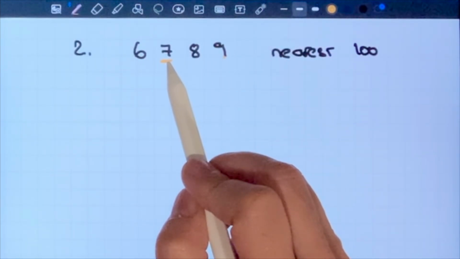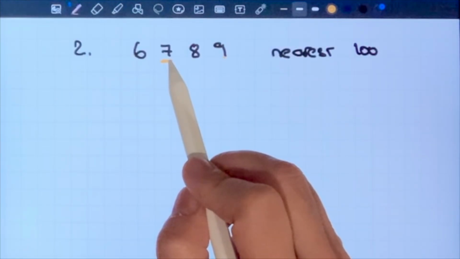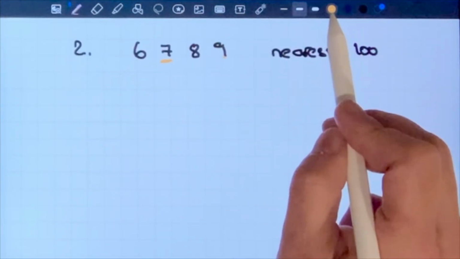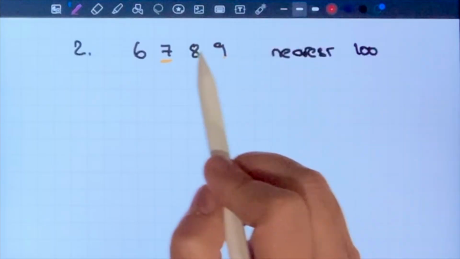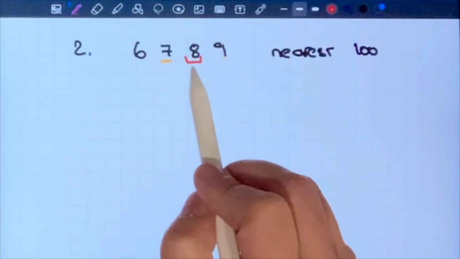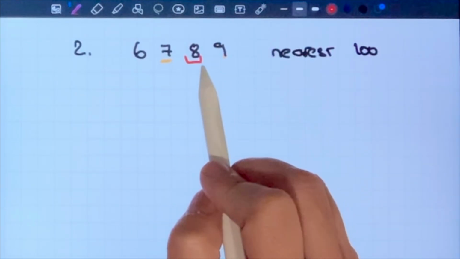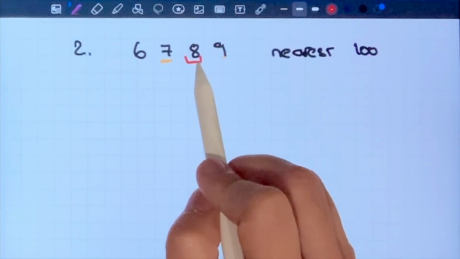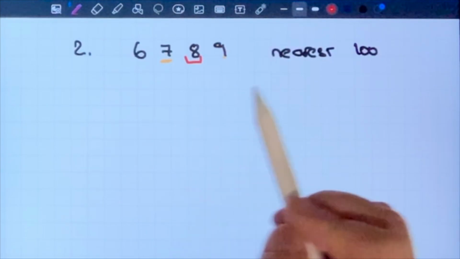So now, how do I know whether to round this up or down? So I go to the critical digit. Critical digit is immediately to the right of the number that I want to round, and the critical digit is 8.